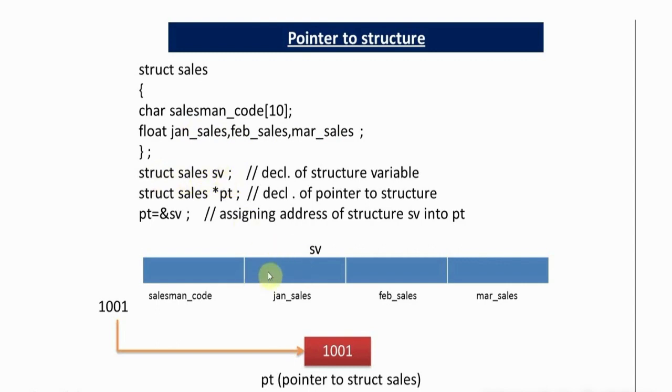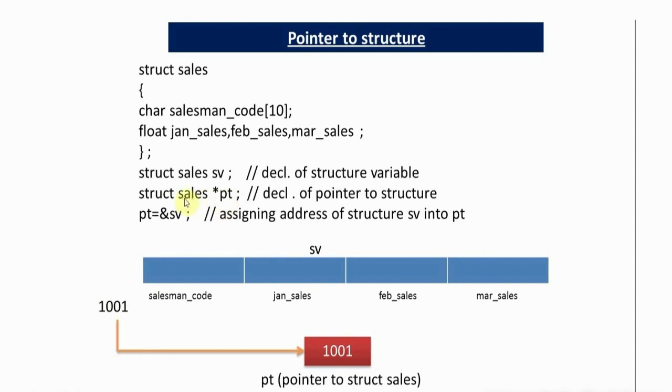In memory, see this diagram, this space will be allocated for this structure variable sv. As you know, all variables, arrays and structure variables take up space in the memory, that is RAM, and they will have some unique memory address. I'm assuming that this structure variable has been stored at the address location 1001.